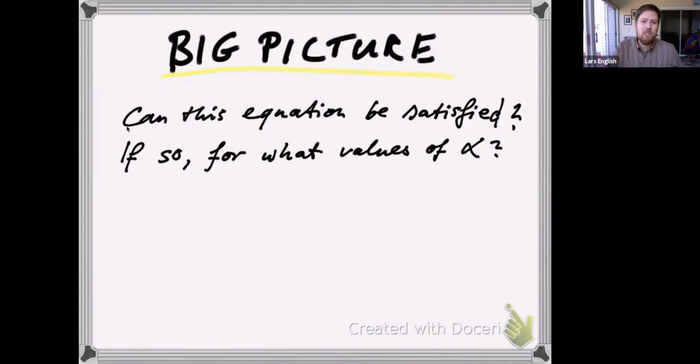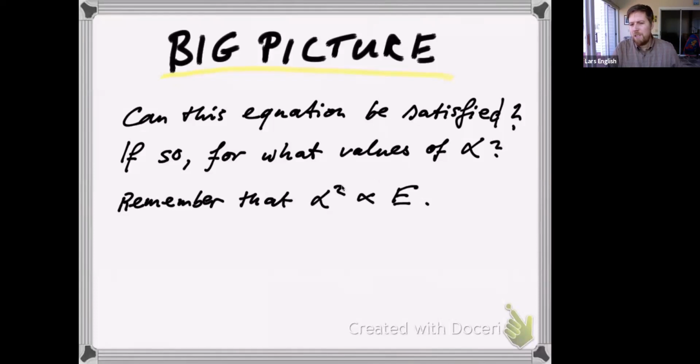But what's the big picture? What's the forest? Well, the really important question we want to ask is, can this equation ever be satisfied? And if it can be satisfied, what are the values of alpha for which it can be satisfied?